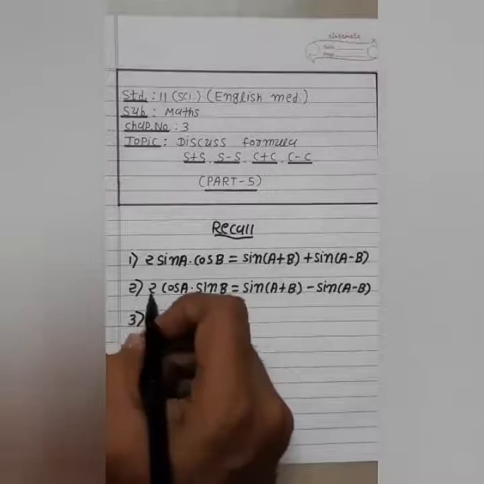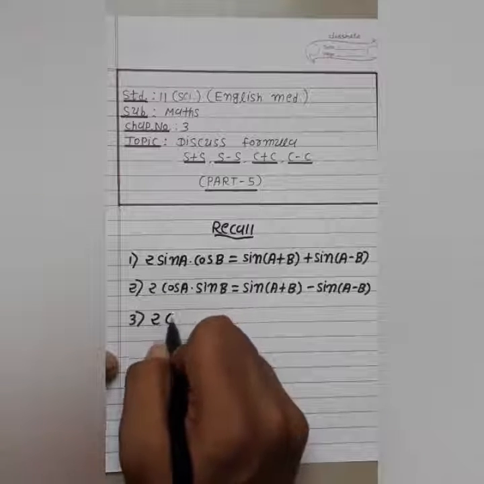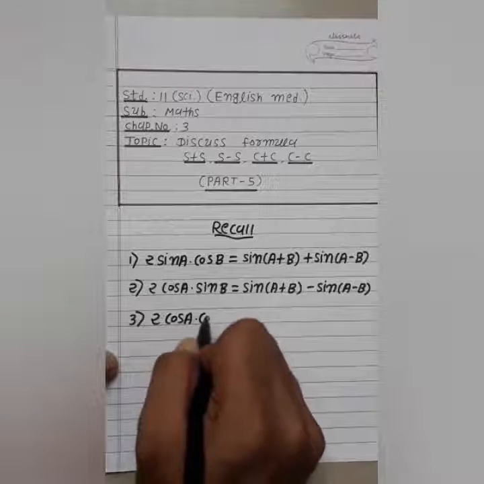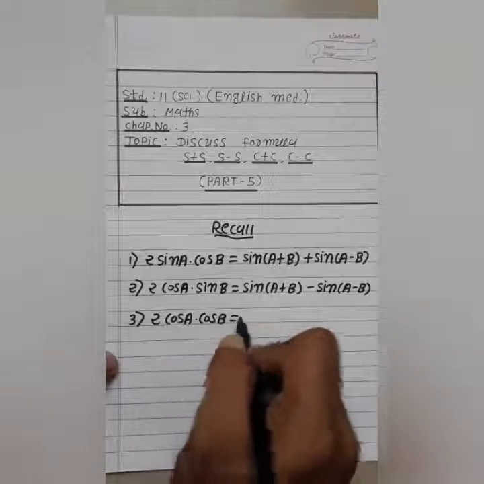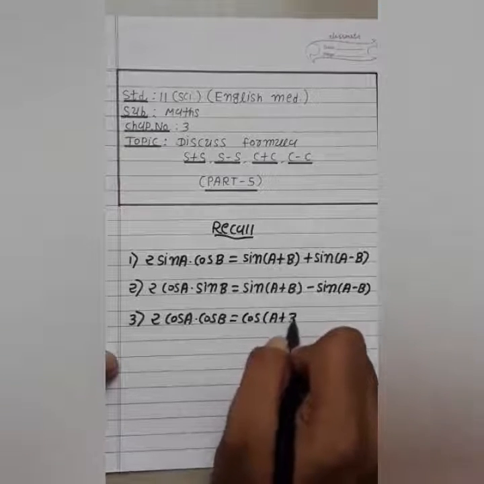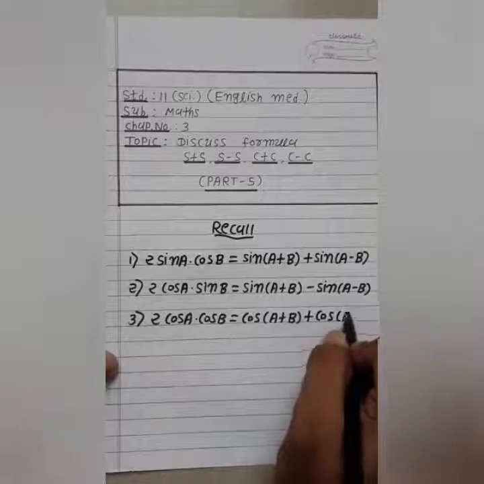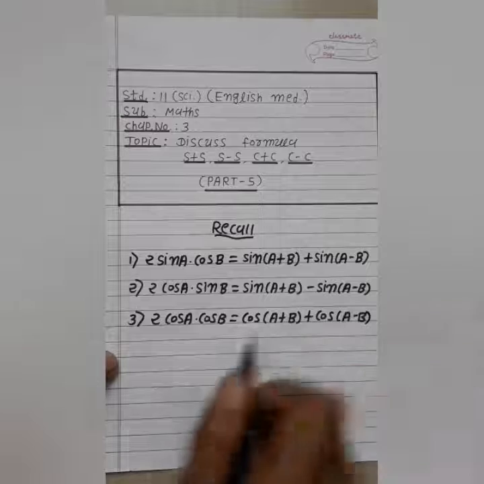Third formula: 2 times cos A into cos B is equal to cos(A plus B) plus cos(A minus B).